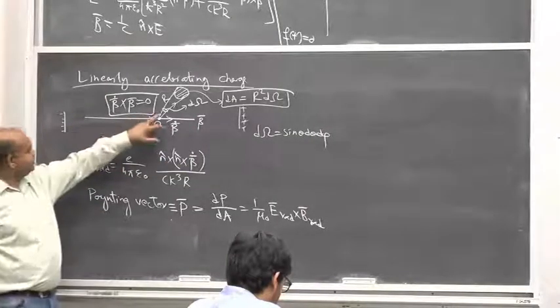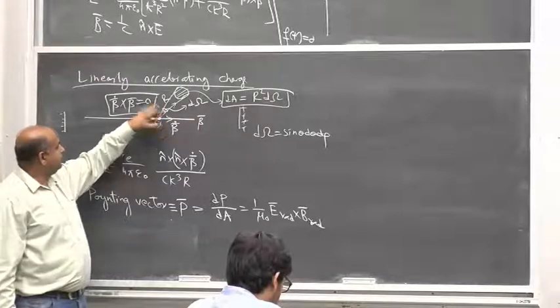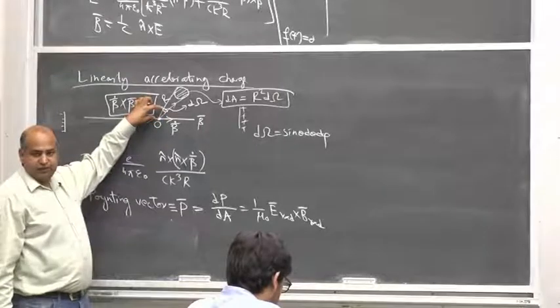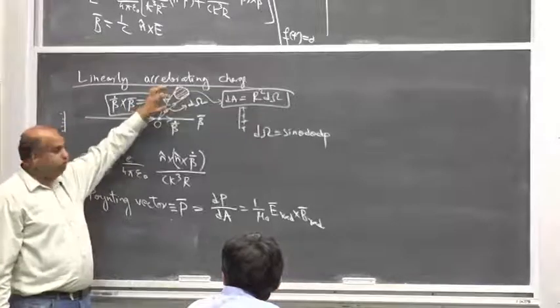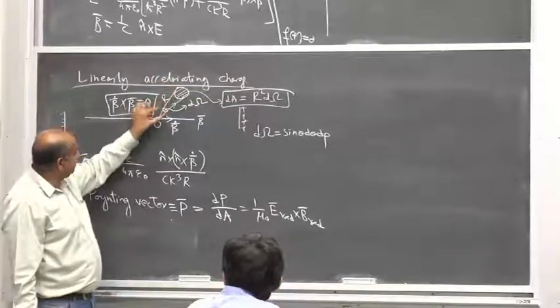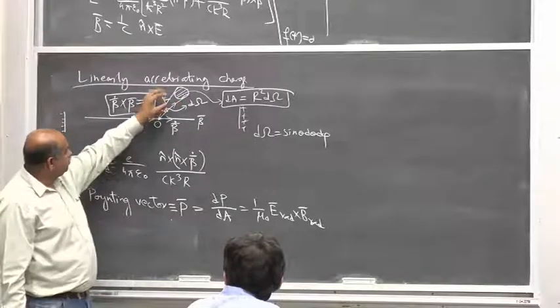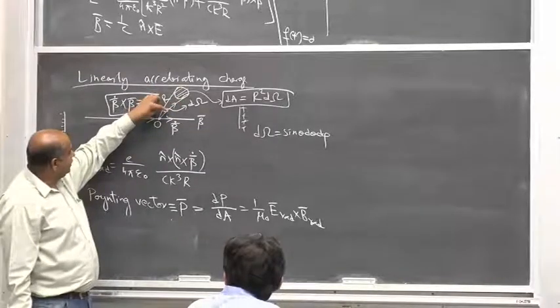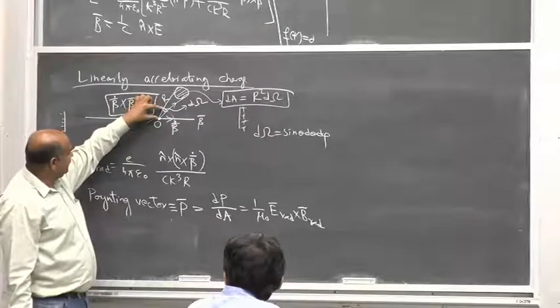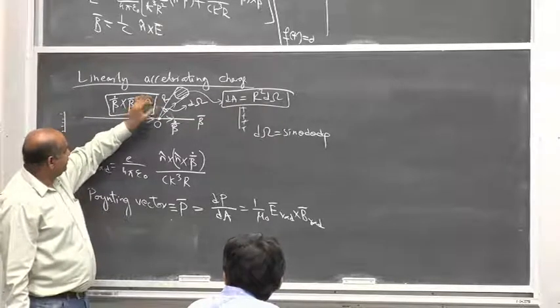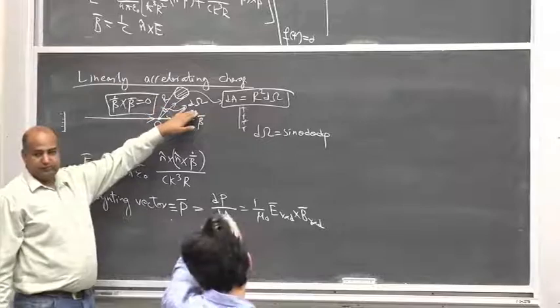So solid angle is the area of a unit sphere when you project the same area onto a unit sphere. Any arbitrary area, if you want to find its solid angle, you project the area on an imaginary unit sphere with radius 1, then this area is the solid angle.